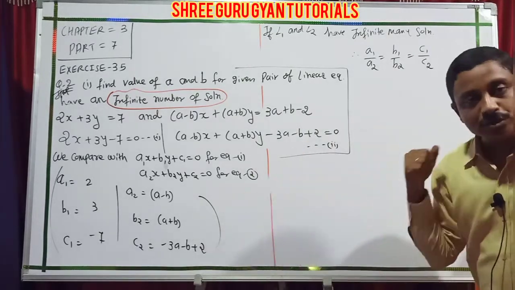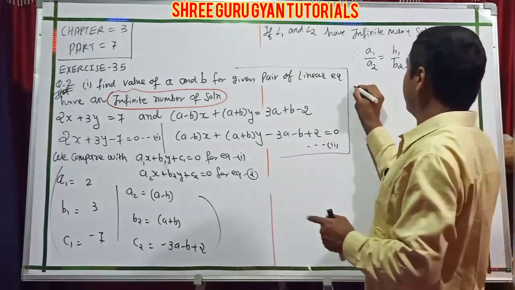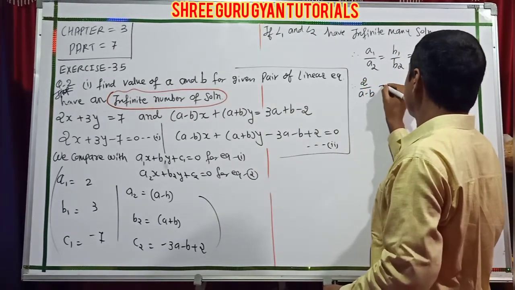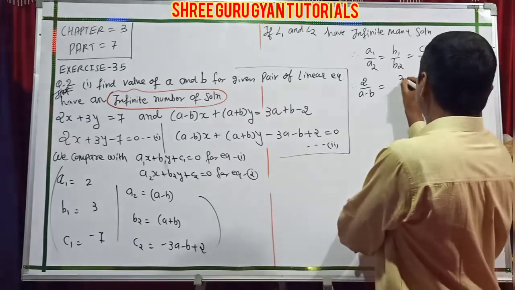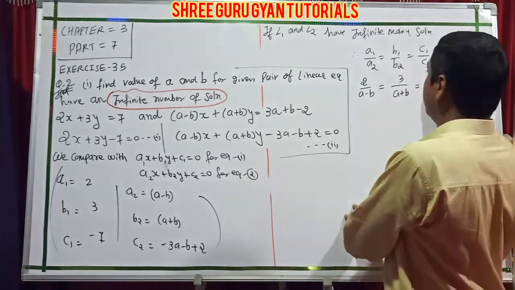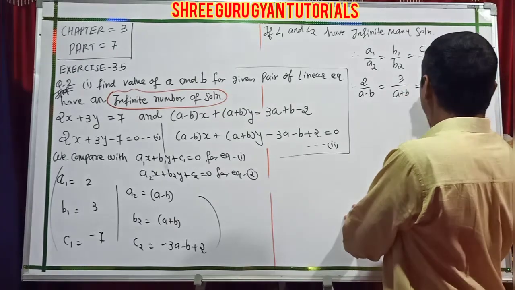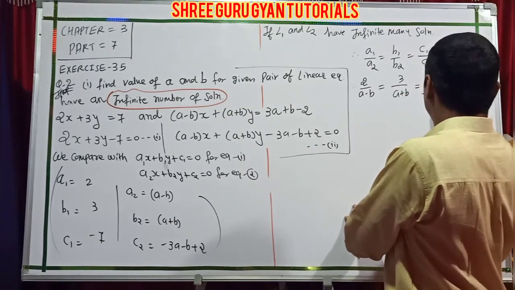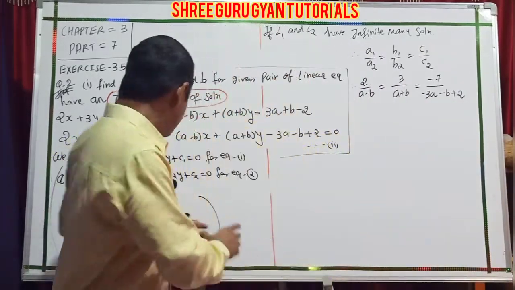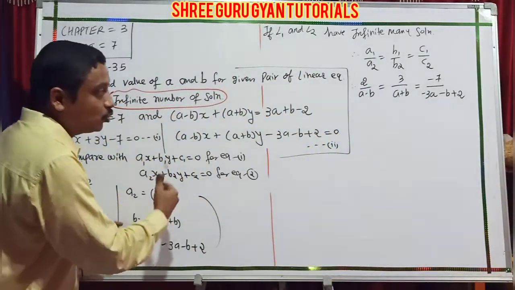These values are already known. So apply that: first a1 by a2, 2 by (a minus b), same as b1 by b2, 3 by (a plus b), and c1 by c2, it is minus 7 by (minus 3a minus b plus 2). Students, I put down all these values a1 b1 c1 a2 b2 c2.